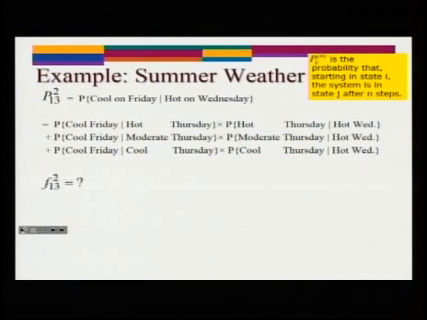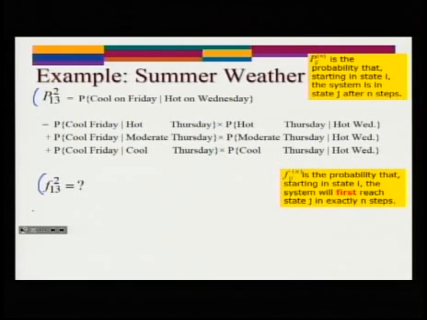So we know that. What is P sub 1,3 to the second power? Okay, what is this? Now, what is this then? You remember this matrix? This first visit probability, that starting from state I, the system will first reach state J in exactly n steps.